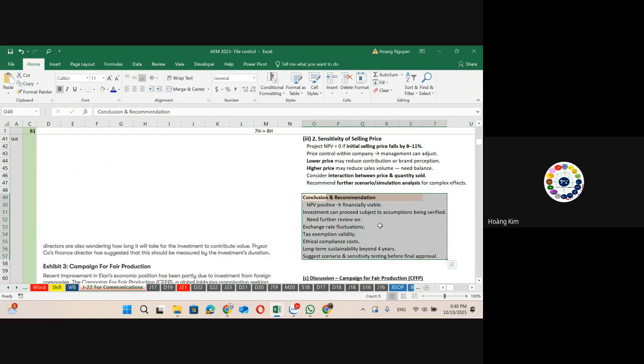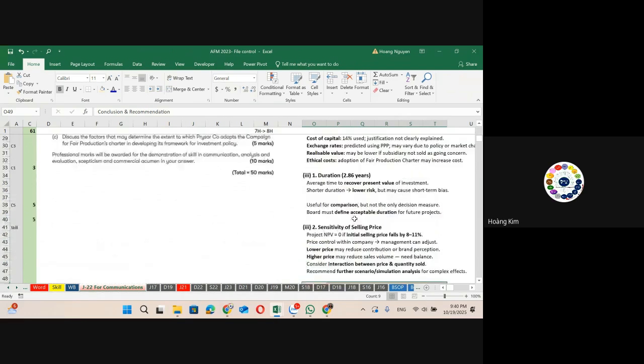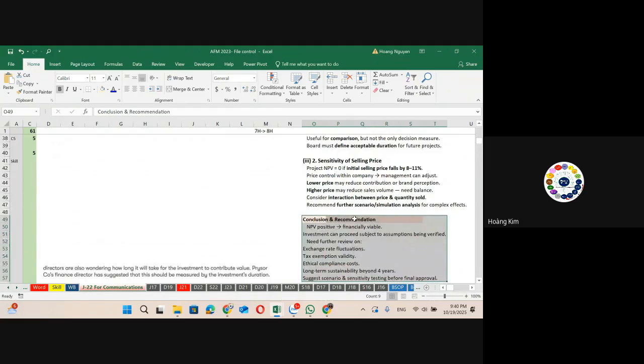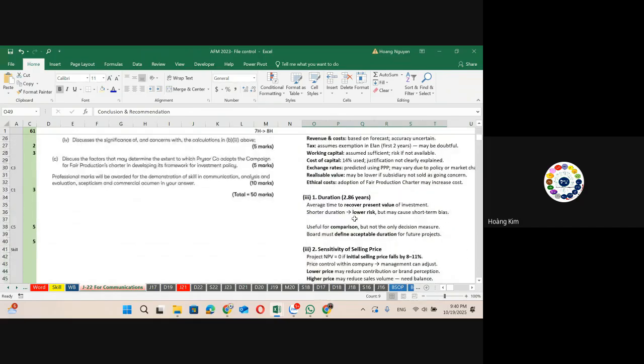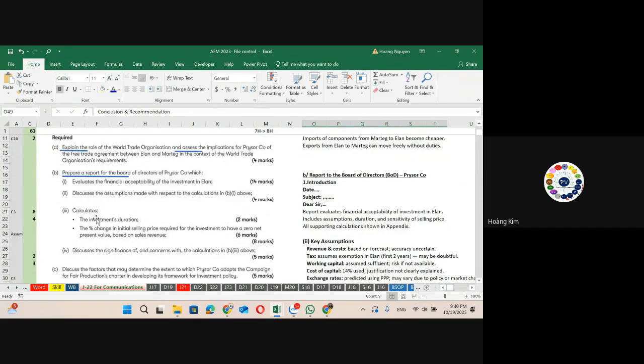Maybe I don't understand much since I have never been involved in the AFM. No, this is the format for the report, when you send the report to the BOD.